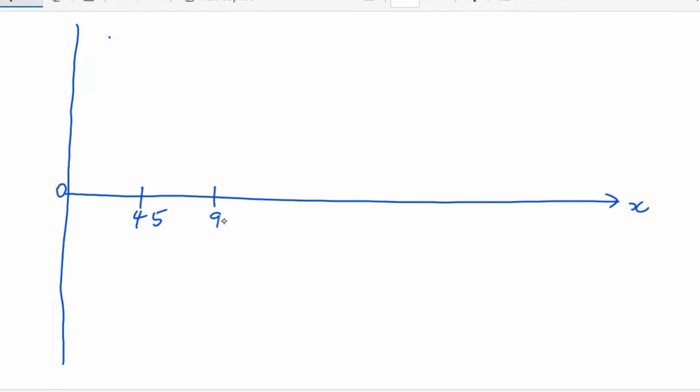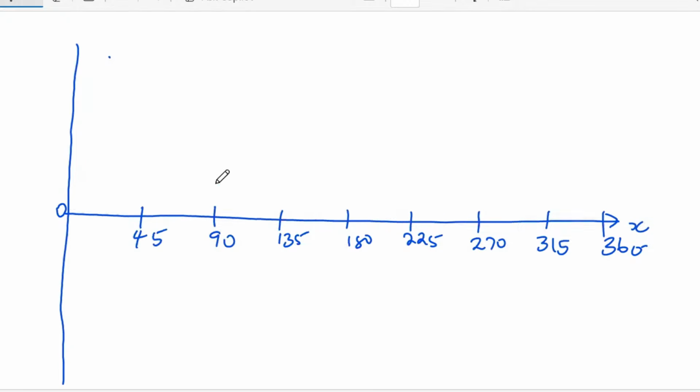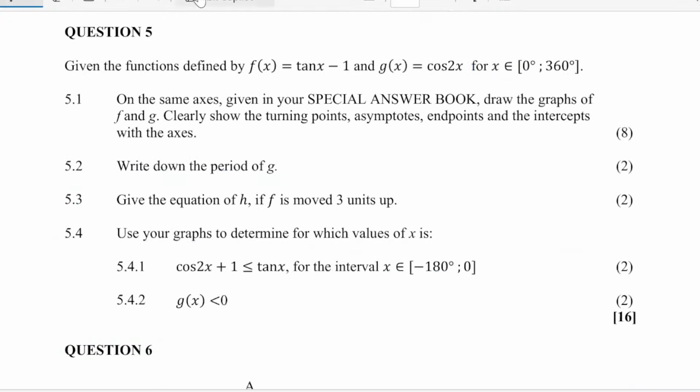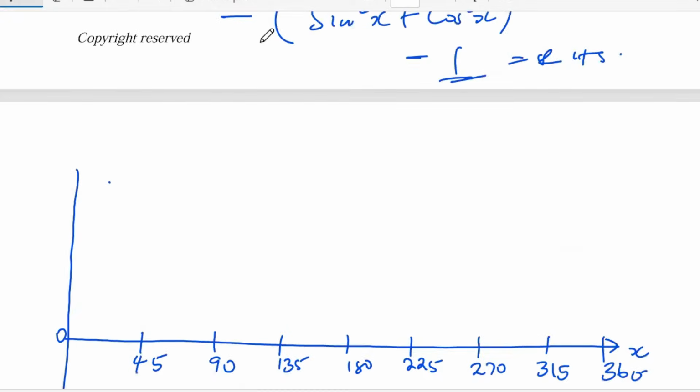So 45, 90, 135, 180, 225, 270, 315. Why are you going to 135 again? It's 315. And then 360. And then when I look at my functions, we have tan x minus 1.